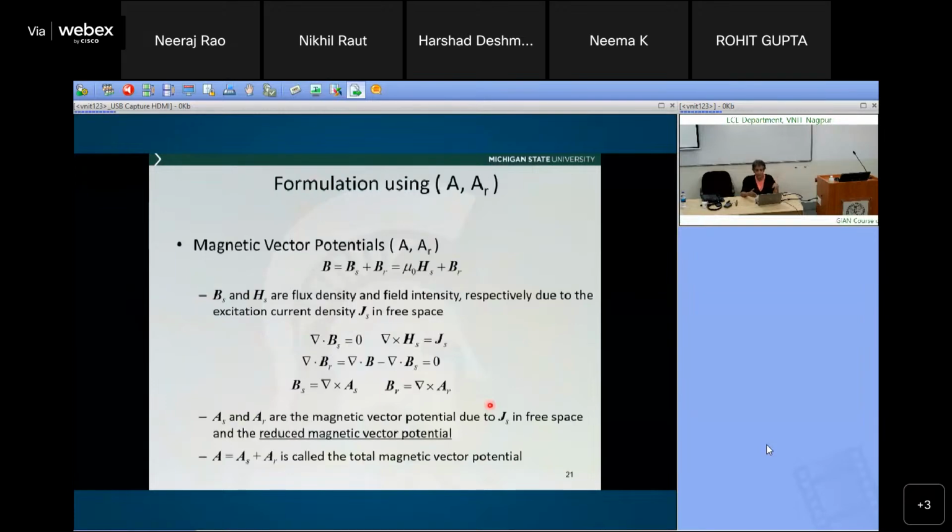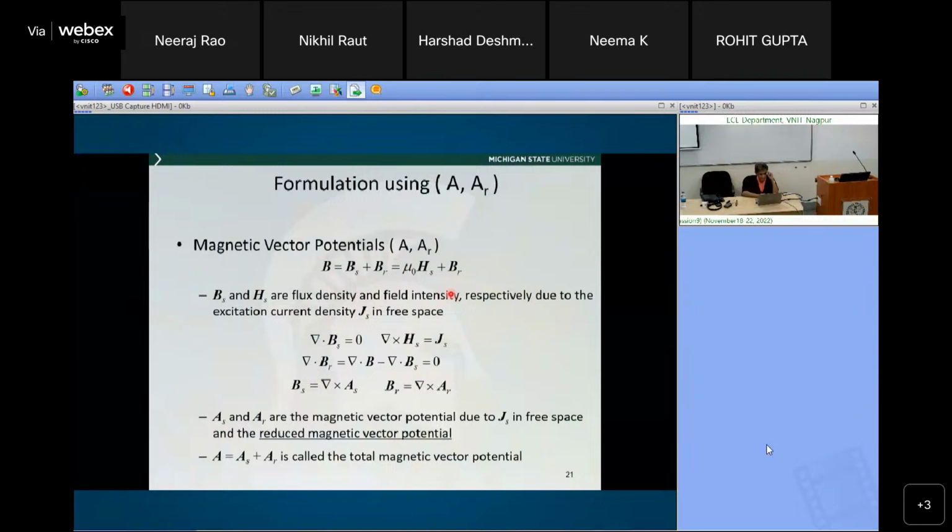This is a formulation using what we call the reduced vector potential formulation, where the source and the induced fields are separated. Here I can write the magnetic field in terms of the source and everything other than the source.